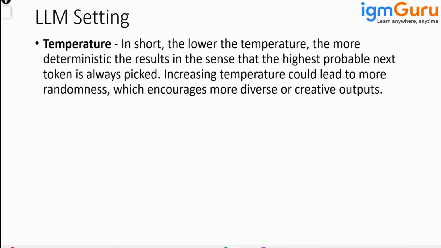For example, when we are using the large language model as a sentiment classification model, I don't want any extra output apart from positive or negative. I want either positive or negative.